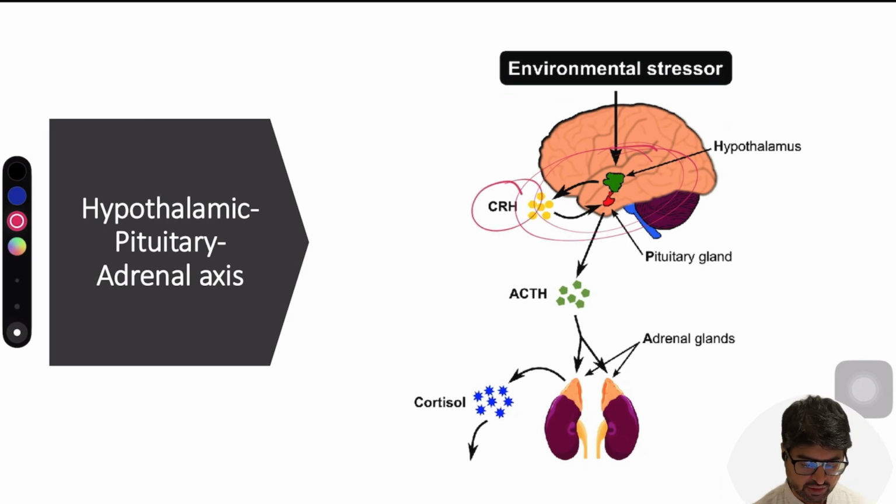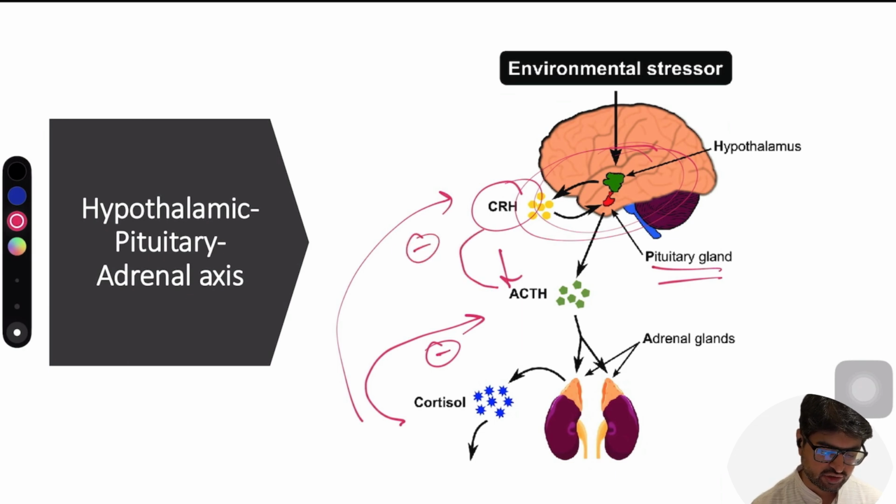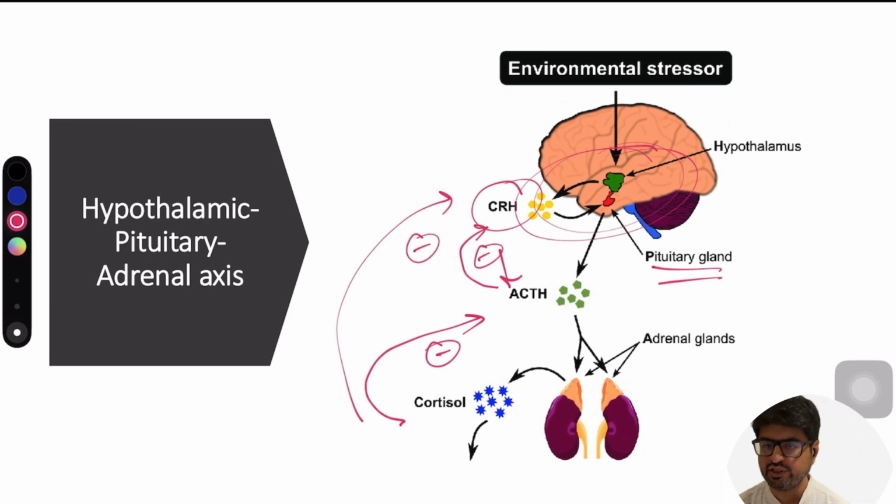The CRH acts on the pituitary gland and produces ACTH, and this ACTH acts on the adrenal gland producing cortisol. Now that's not all. Remember, there is a negative feedback. The cortisol that is produced gives a negative feedback to the ACTH and also to the CRH. And this ACTH also has a short negative feedback loop to the CRH. So this is the outline of a typical HPA axis.